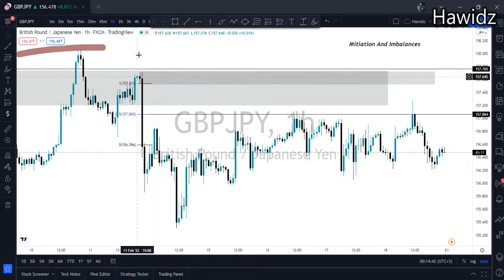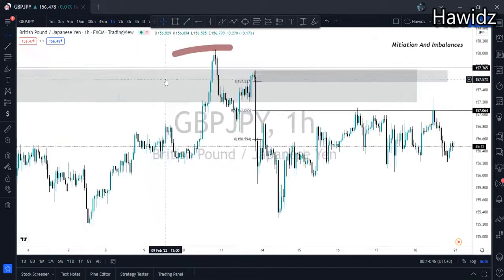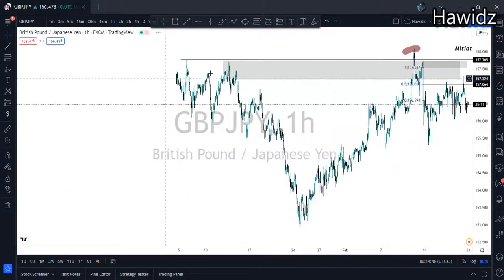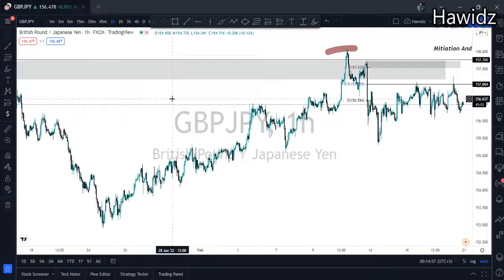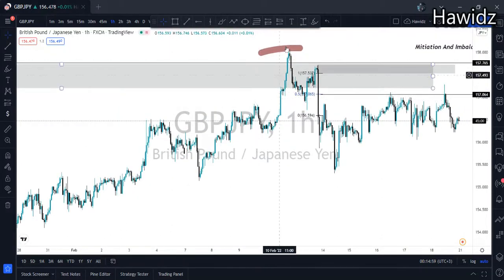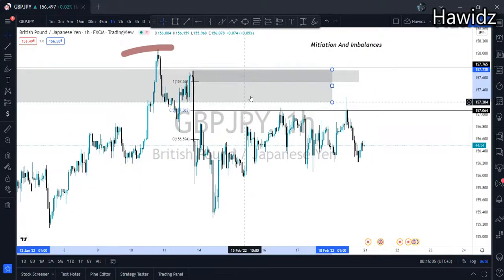So you have your SND to trade from. This was my SND to trade from. Price came to mitigate an SND here, I think it was in the 4 hour. Price came here and made this absorption move up, and then this push down. So let's clear this.